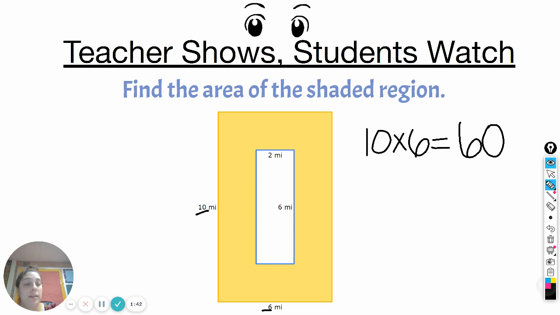But we have to take away this rectangle, which is 2 and 6, okay? A length of 2 and a length of 6. So we need to multiply 2 times 6. Count by 2, 6 times: 2, 4, 6, 8, 10, 12.